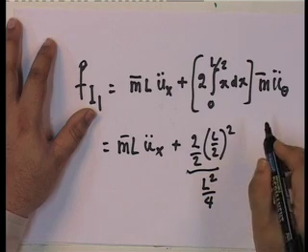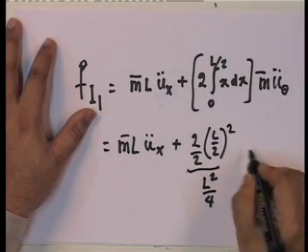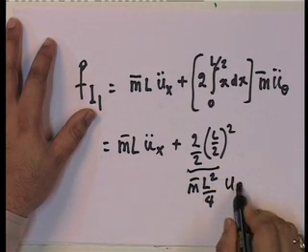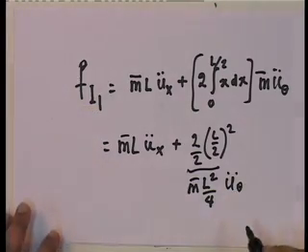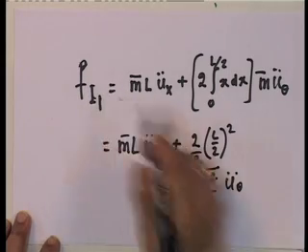So it becomes m bar L squared by 4 times u theta double dot. This is my Fi1.